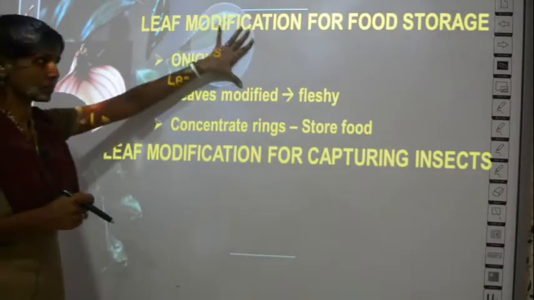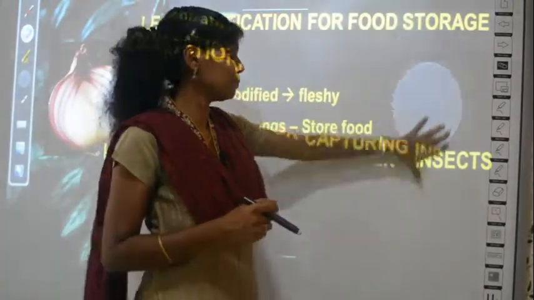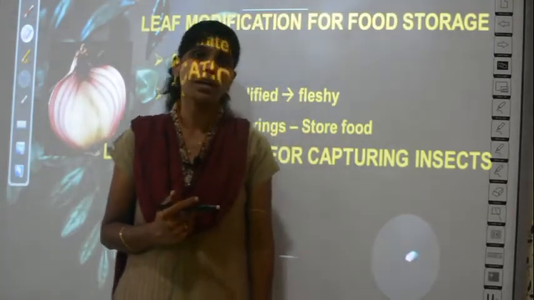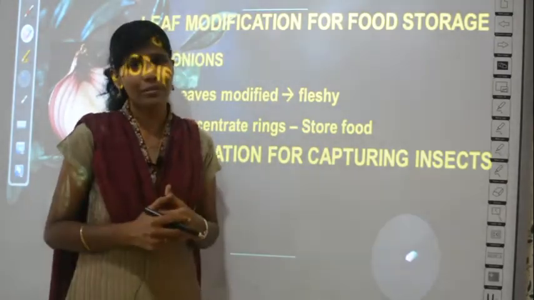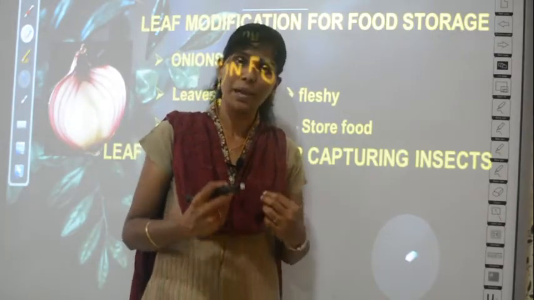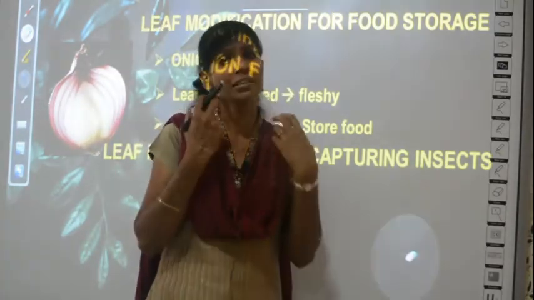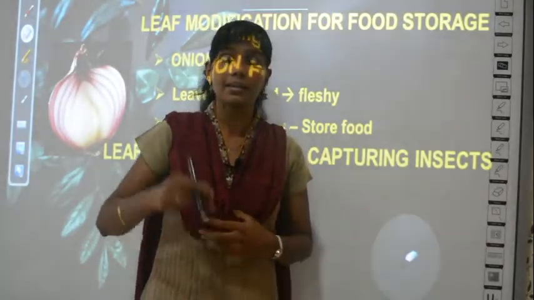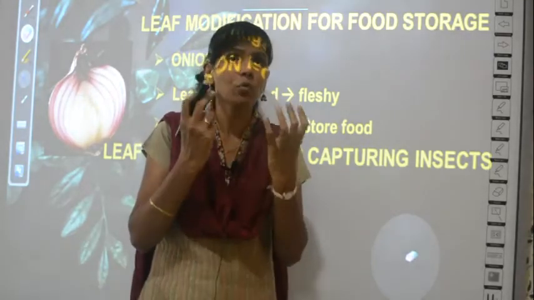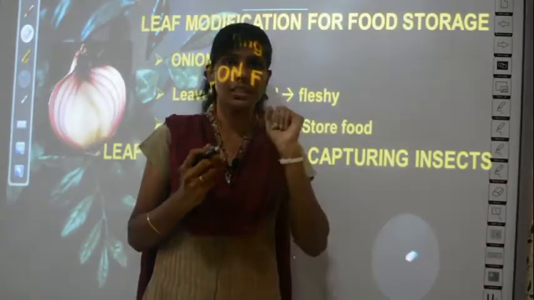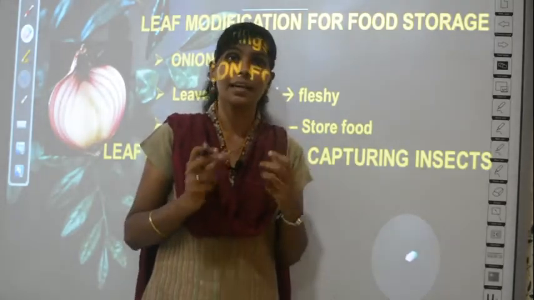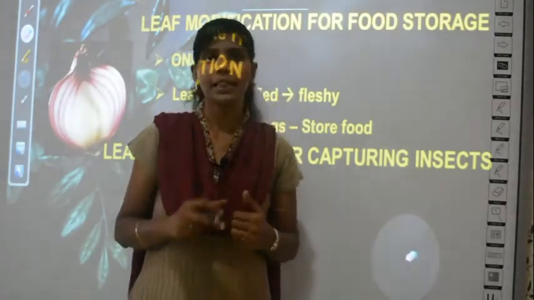See, some plants grow in soils which lack nitrogen. For plants, nitrogen is very, very important for their growth, but sometimes some plants are present in soil where there is no nitrogen at all. In this case the shape of the leaves is modified, and they will trap the insects. The leaf will catch the insects, digest them and take the nitrogen from those insects.